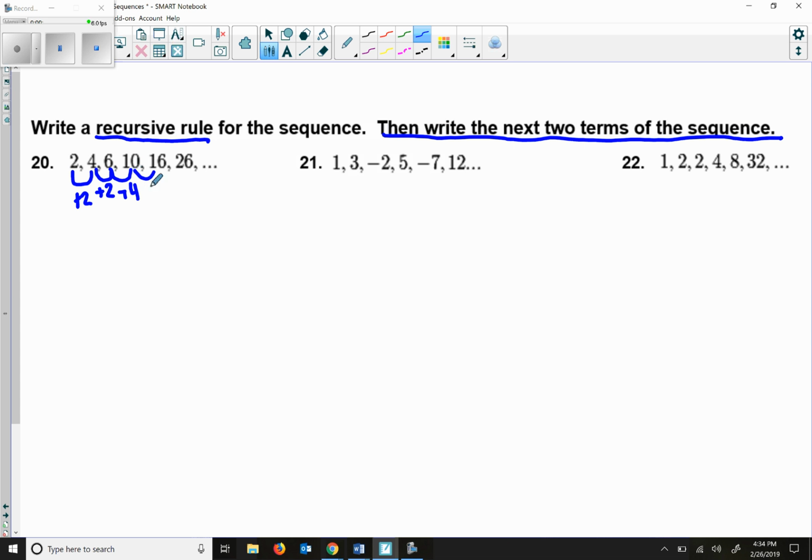And then from 10 to 16, I'm adding 6. And then from 16 to 26, I'm adding 10. So it's not a very easily noticeable recursive or arithmetic rule, but it actually is arithmetic.